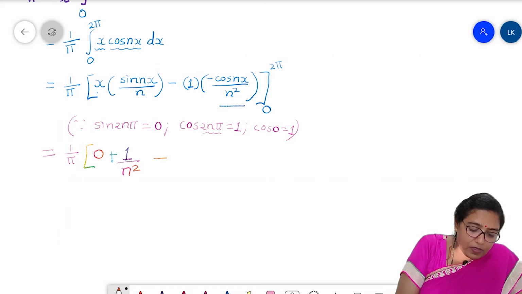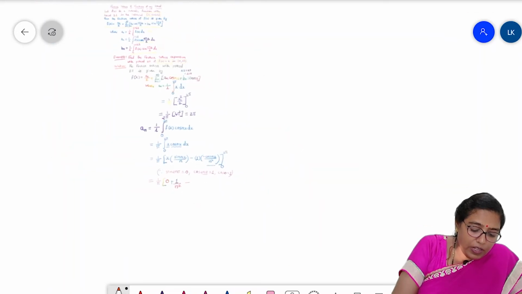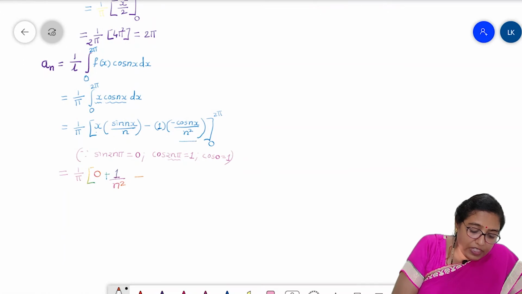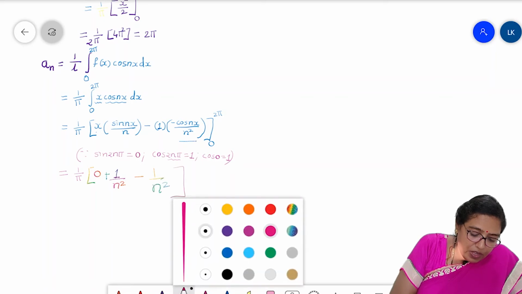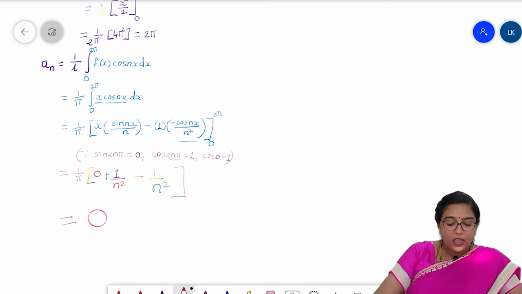Minus times, putting x is equal to 0 in the whole bracket. sin 0 is 0, cos 0 is 1. Minus minus plus, again minus, that means 1 upon n square. Here plus minus cancel, its answer is 0. Okay?